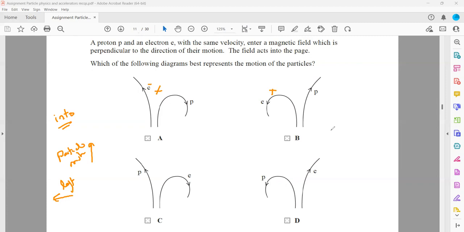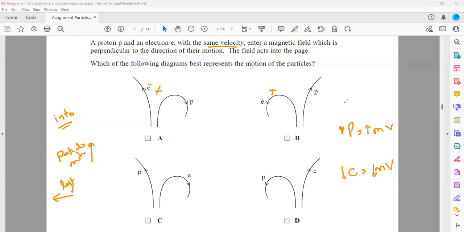Then when we check the momentum, the radius of curvature is proportional to momentum. Even though, as I mentioned, both are moving with the same velocities, they have different mass. The proton is massive, having more mass compared to the electron. So the momentum of the electron will be smaller as it is a lighter particle, whereas the momentum of the proton will be higher.